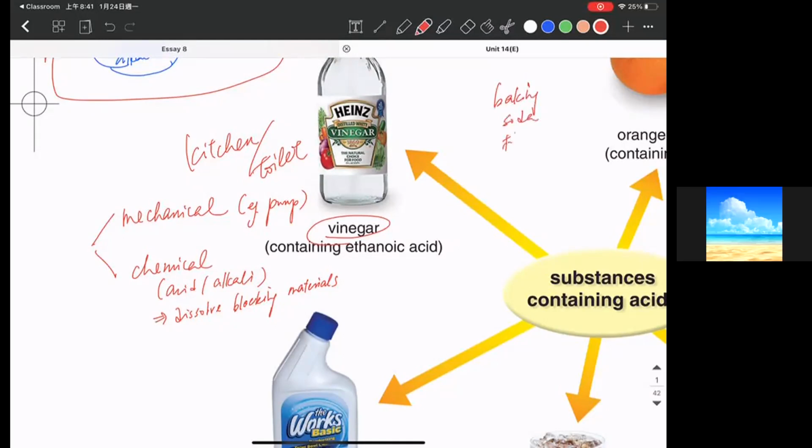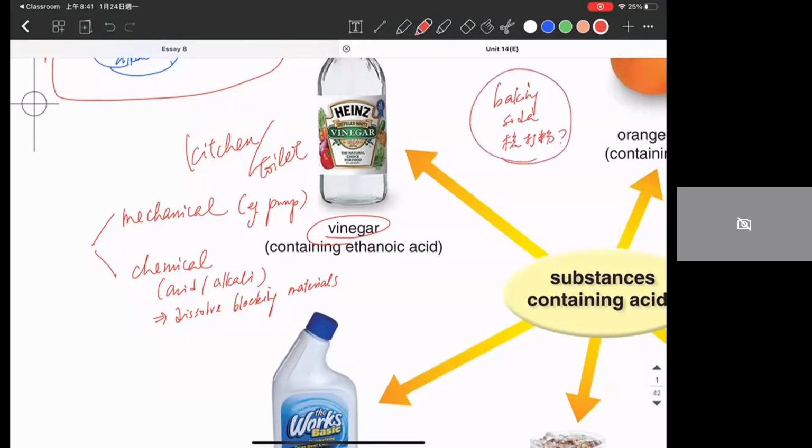Now you mean chlorine bleach? Remember, chlorine bleach cannot be mixed with vinegar while using. Do you know why? Chlorine bleach cannot be used together with acid.